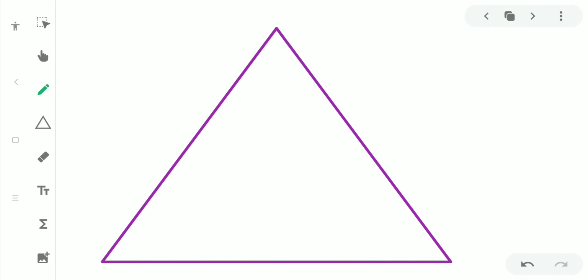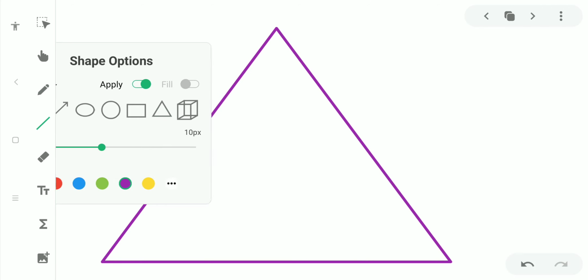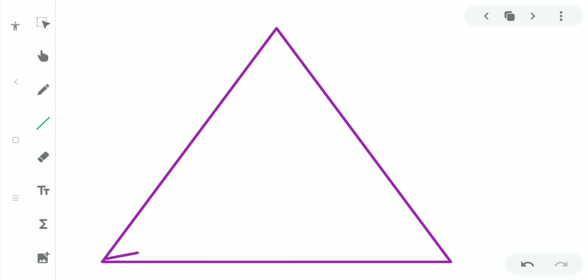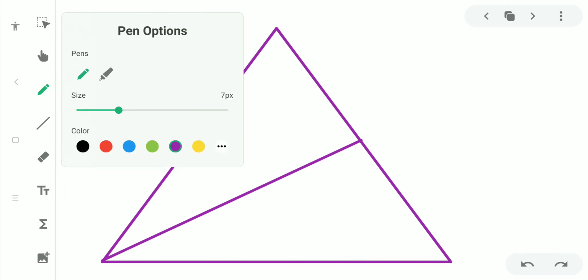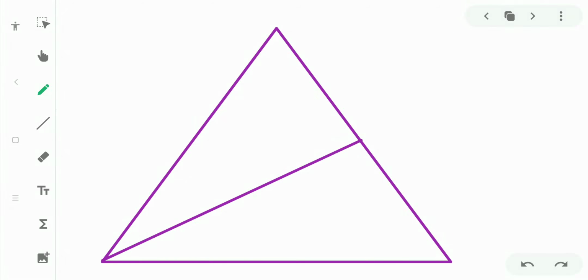I hope you know what perpendicular bisectors are. If I draw a line from any vertex like this, and the angle is 90 degrees, it is called perpendicular.